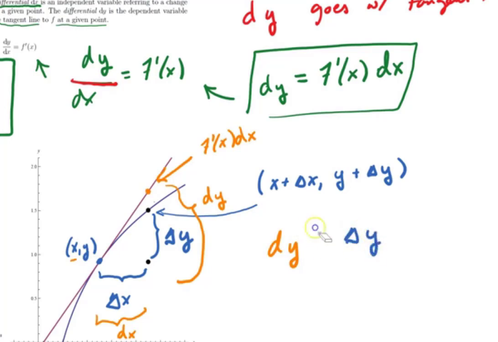We can see that from this diagram. And if you say that's way too much of a change, just bring this point in closer, and at some point the differential y and the delta y will be close enough for you to be satisfied with it.